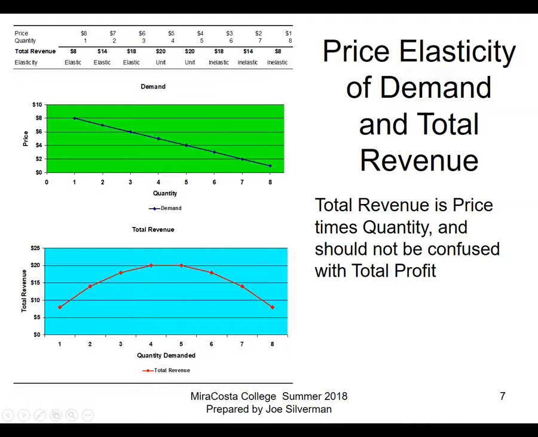Now, I should also point out something about unit elasticity. Some firms look for a price point that is unit elastic. I'm not going to say that I've ever worked at Apple, but one of the things that you might notice about how Apple prices its products is that it prices products in the $400 to $500 range. Why is that? These are new products that oftentimes have never been sold before.